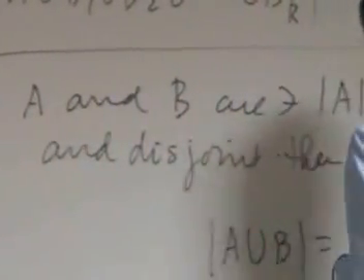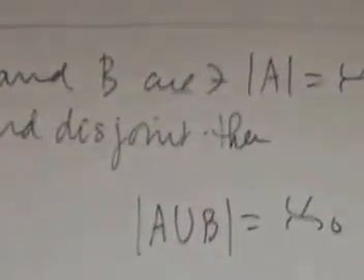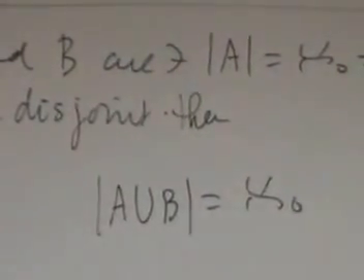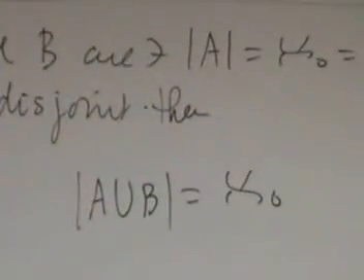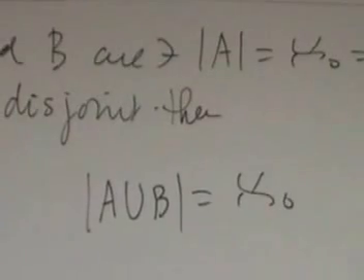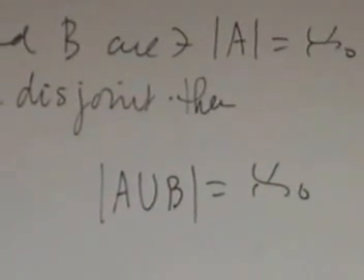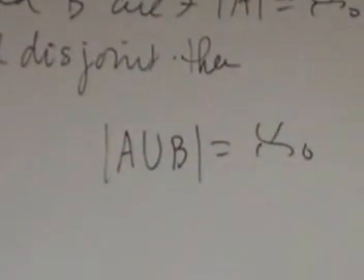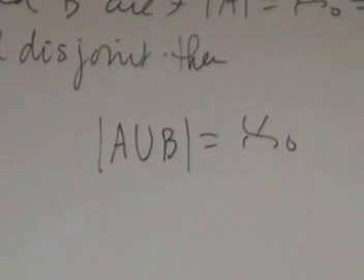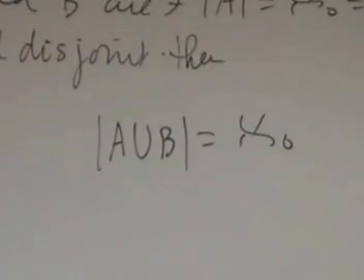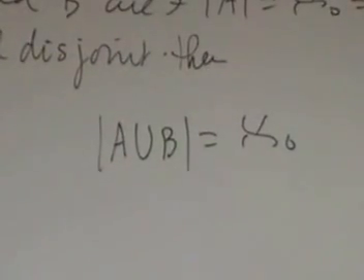Look at A union B. It's not going to raise the level of infinity. Whatever level of infinity you have, if you add the same level of infinity, you are not going to raise it. That's a little difficult theorem to prove. We will prove it at some stage.